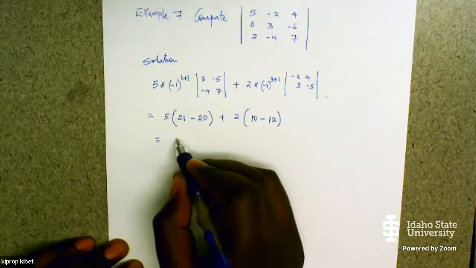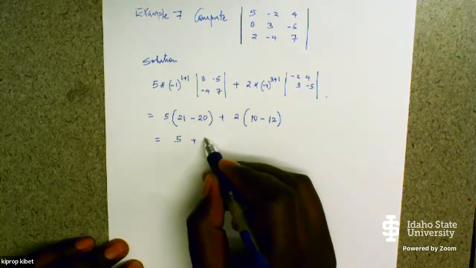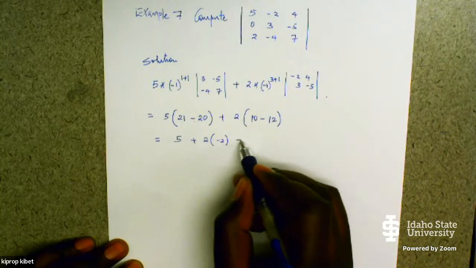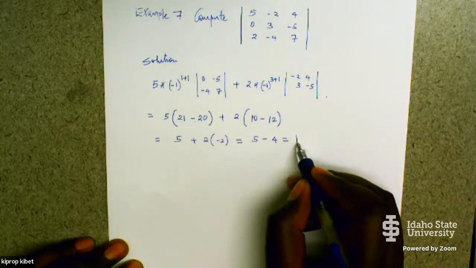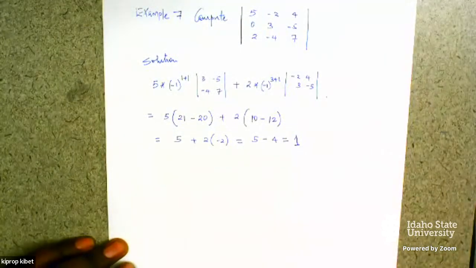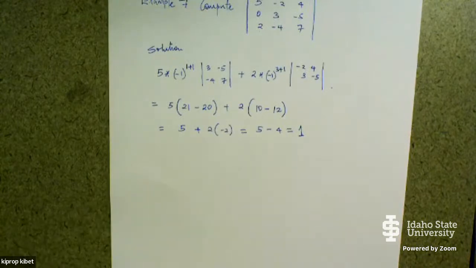And this will give us 5 plus 2 times -2. And finally, this is 5 minus 4, which is equal to 1. And that is how to get a determinant using the row or column which has as many zeros as possible.